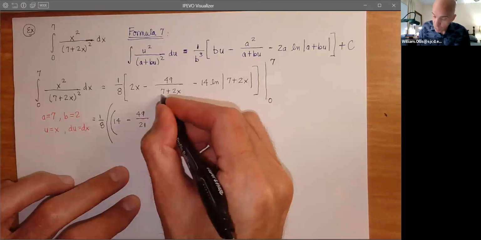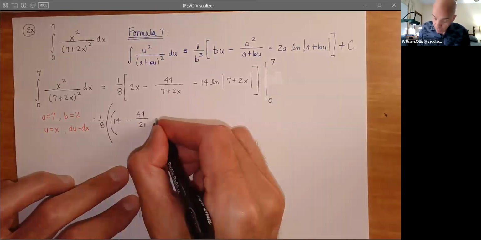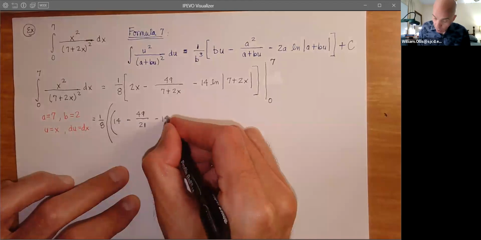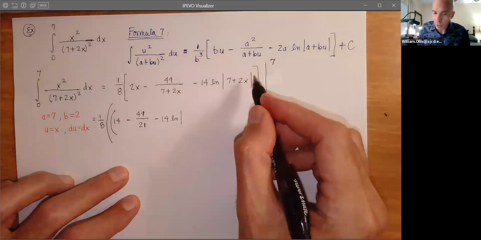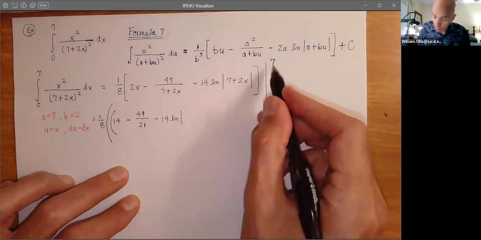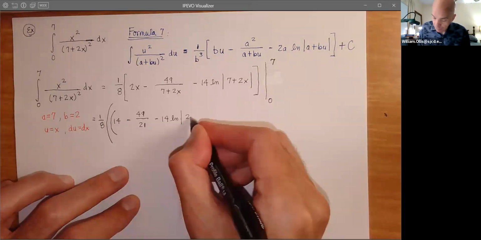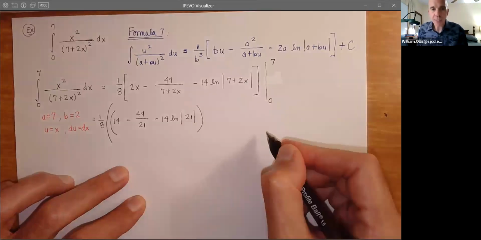Again, 7 plus 2 times 7 gives us a 21, minus 14 natural log. And again, we're getting the same things over and over. We're going to get 7 plus 2 times 7, so that'll be a 21 also. So that'll be the upper limit.